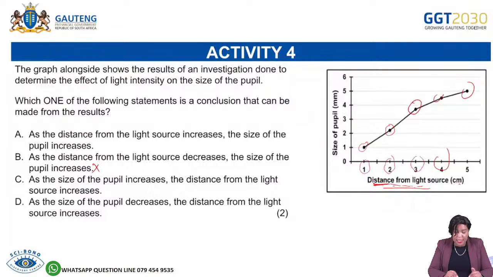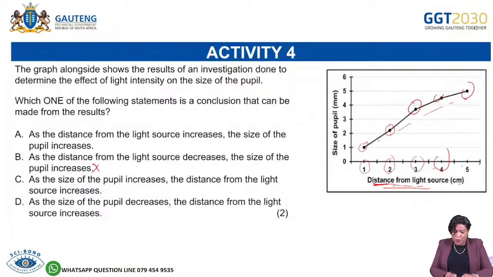Then C, as the size of the pupil increases, yes, we have that, the distance from the light source increases. Is that how you must say it, in the way of determining the cause and effect? Okay, maybe you can put it on hold. Then you go to D.